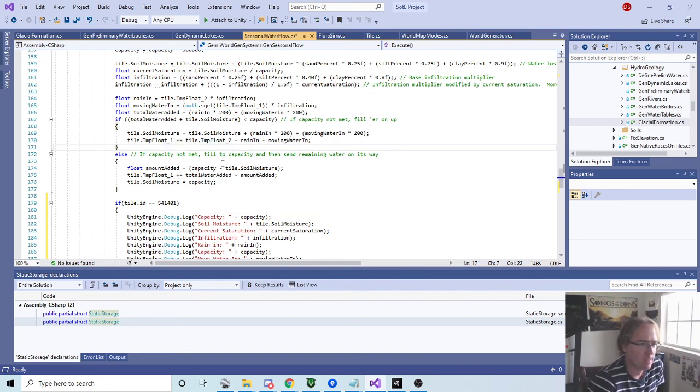But I don't know. Let's see. If capacity not met, fill the capacity and then send remaining water on its way.